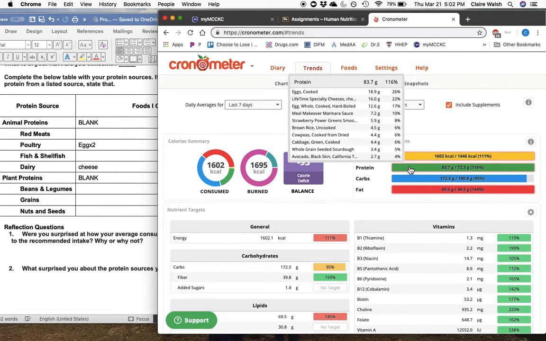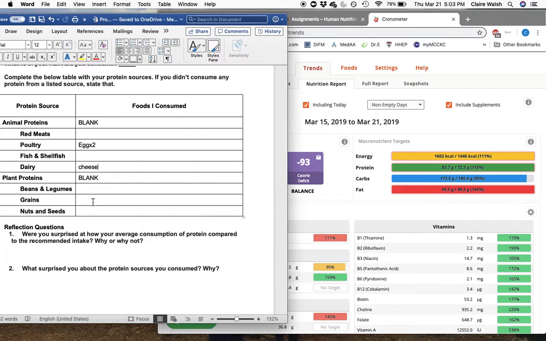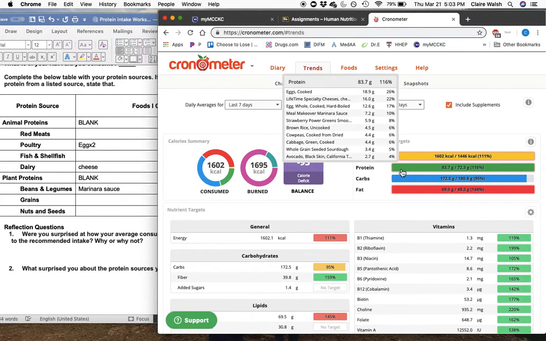If we go back, the marinara sauce had some protein in it. That's a recipe that I made, and the protein from there was going to come from beans and legumes. Marinara sauce. The smoothie, that protein is a dairy source.